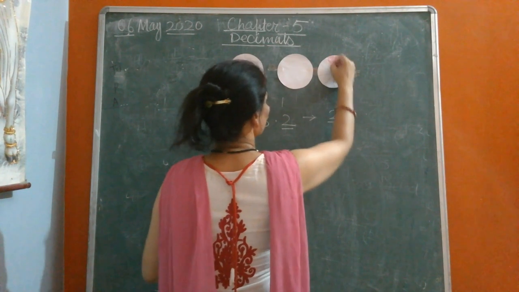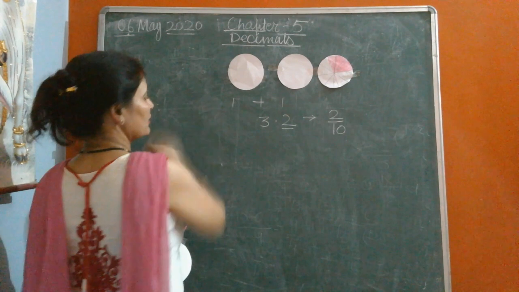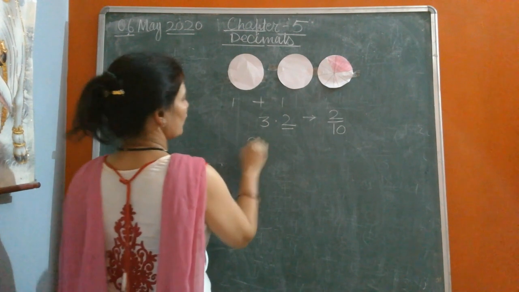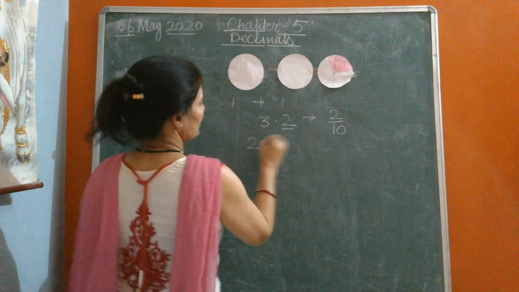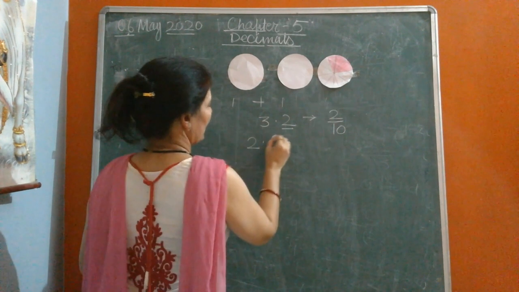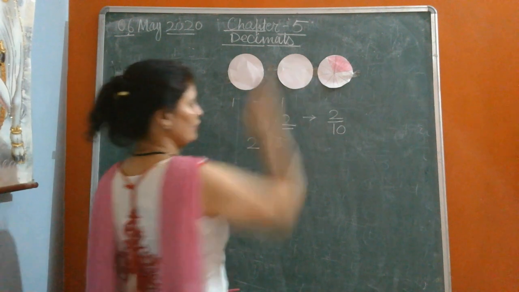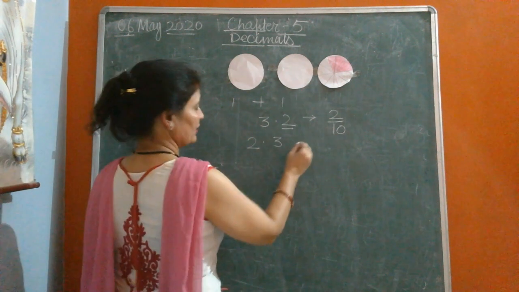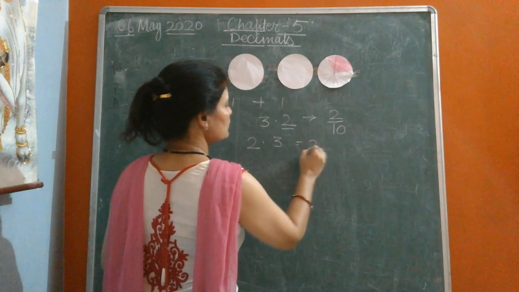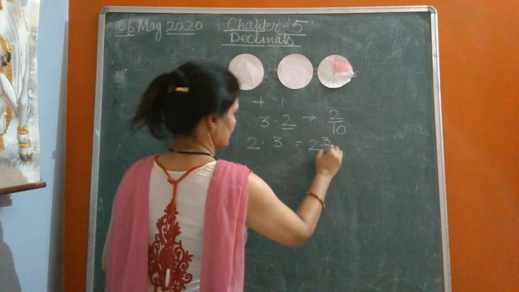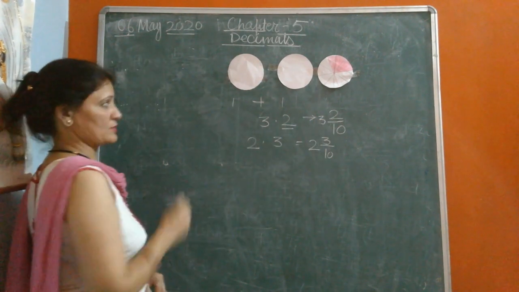So how to write it? 2 whole, so we will remove it. 1 plus 1, 2 whole, and 1, 2, 3. 3 parts of 10 are filled. So we can write it as 2 and 3 by 10 also, and we can write it as 2.3 also.